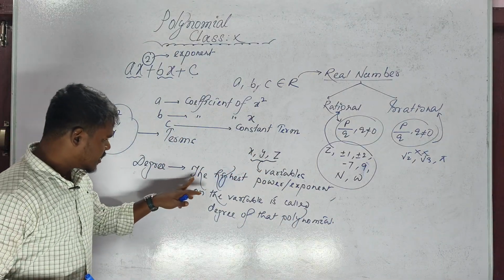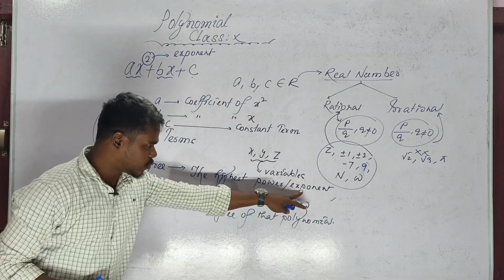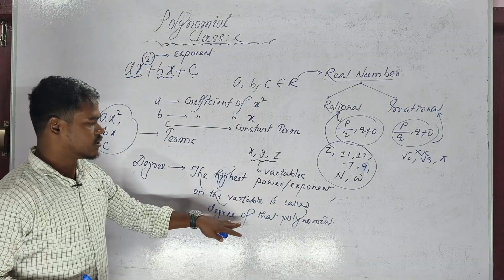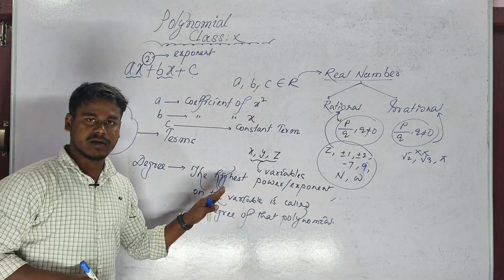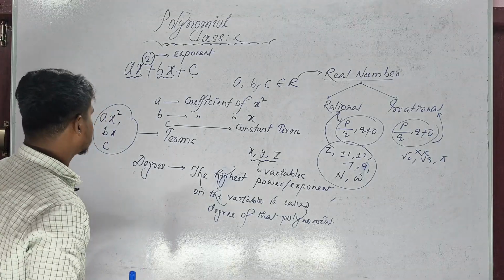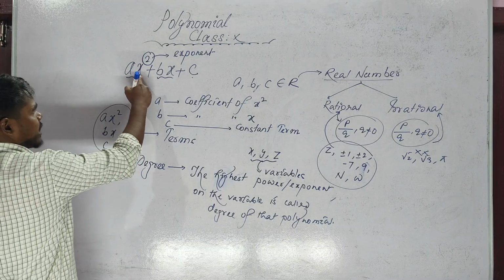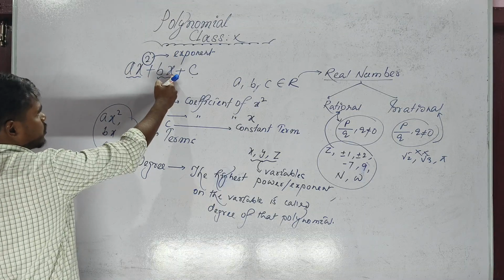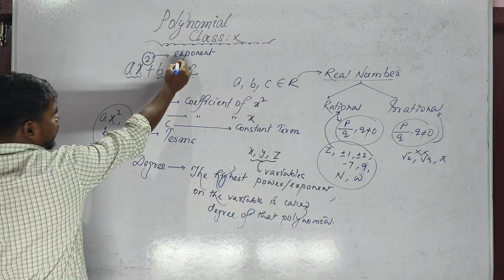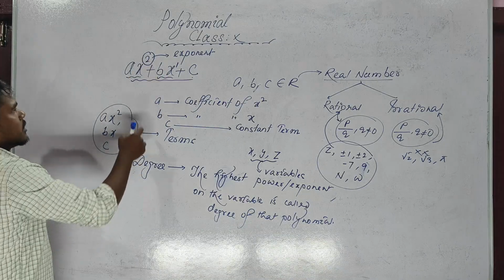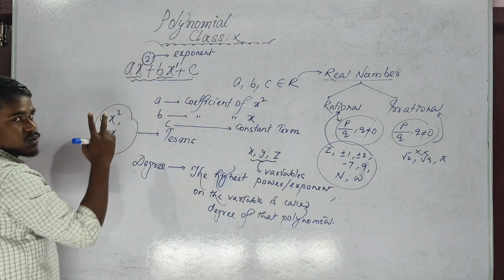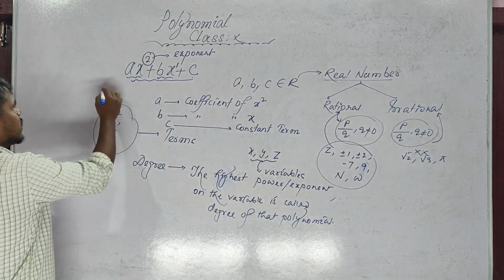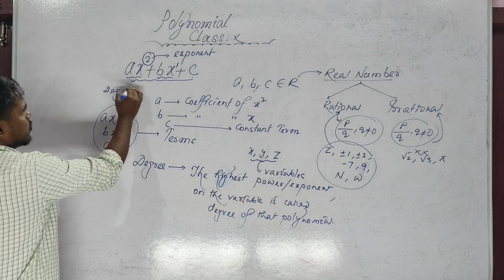My dear students, here x is the variable, yes or no? The highest power on the variable here is 1 and here is 2. The highest power on the variable is 2. That's why the degree would be 2.